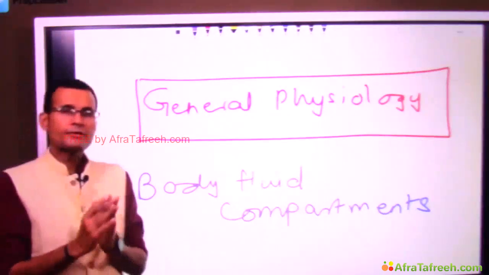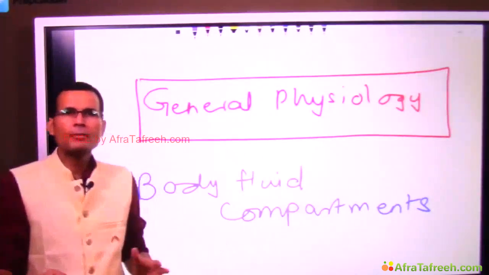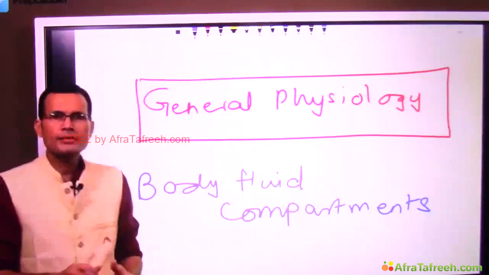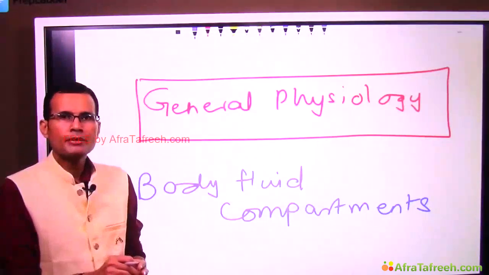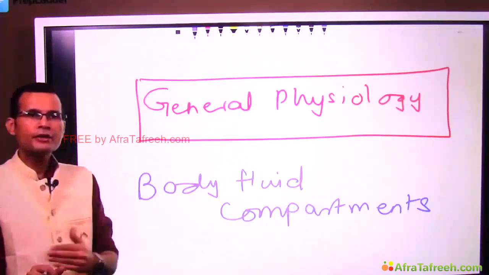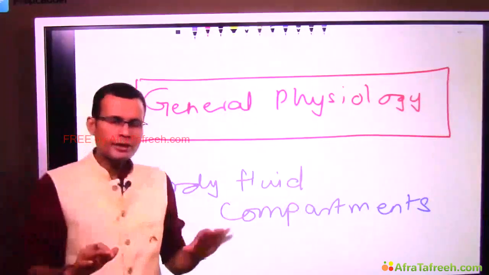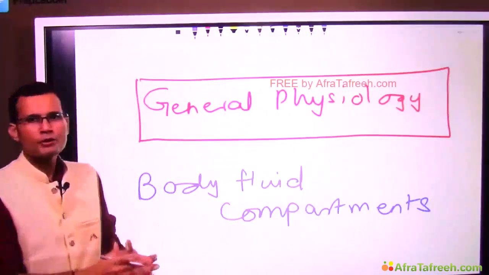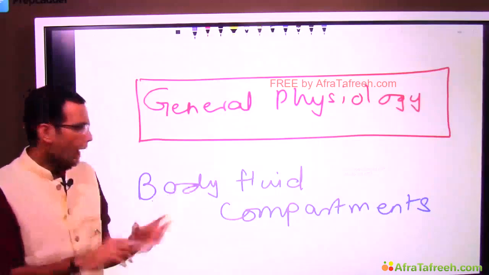Then we will discuss the cell membrane structure, what all components are present in the cell membrane. And then the last segment would be transport through the cell membrane, how the substances enter the cell, leave the cell, and so on. So these are the four distinct segments in which we will discuss the general physiology chapter.